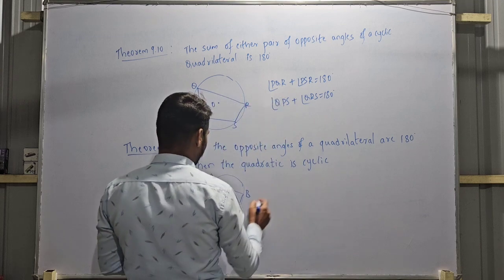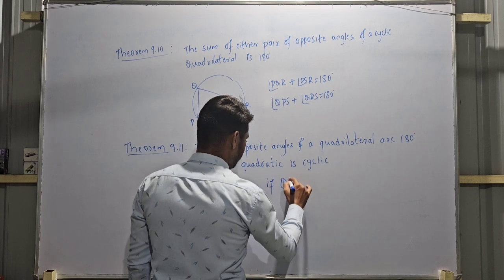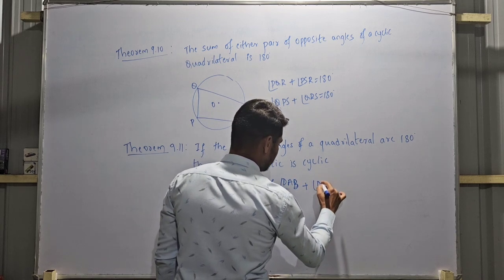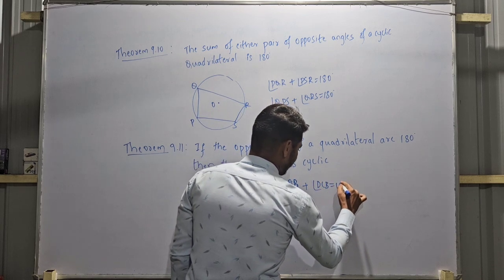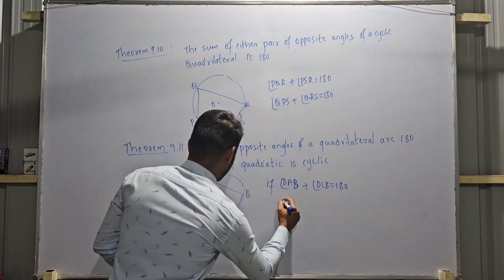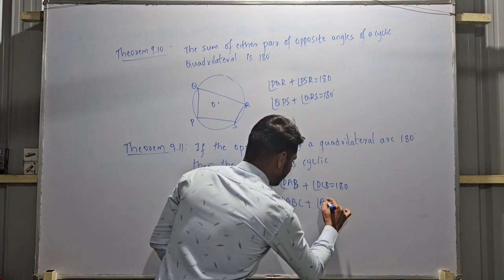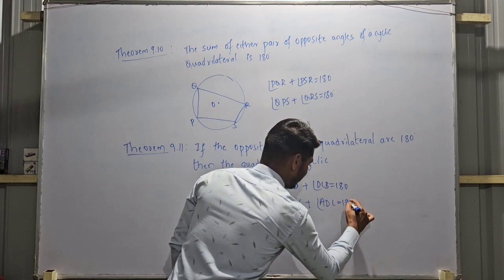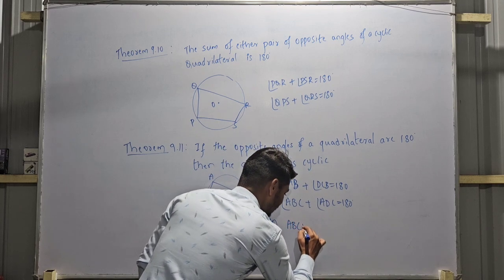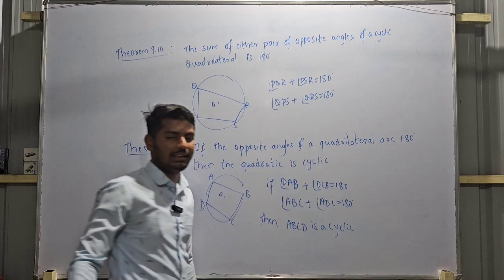So this is the statement: if angle DAB plus angle DCB is equal to 180 degrees, and also angle ABC plus angle ADC is equal to 180 degrees, then ABCD is a cyclic quadrilateral.